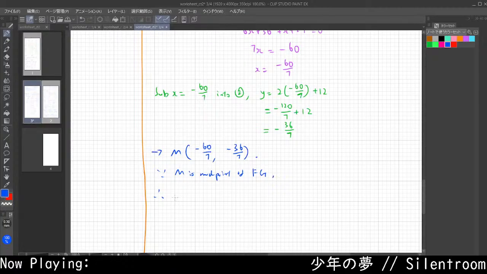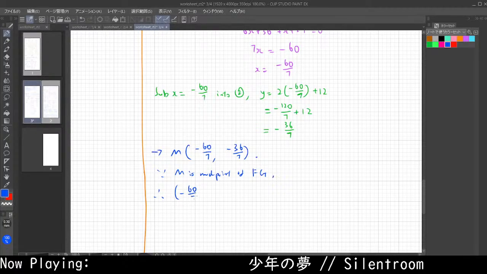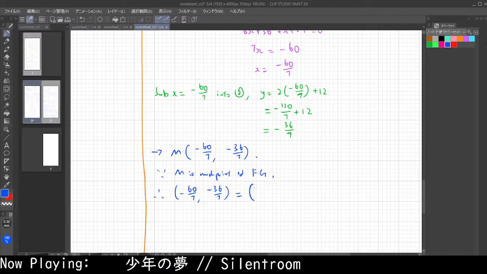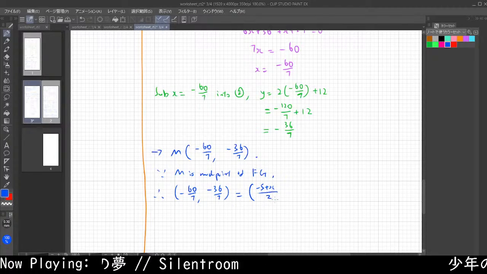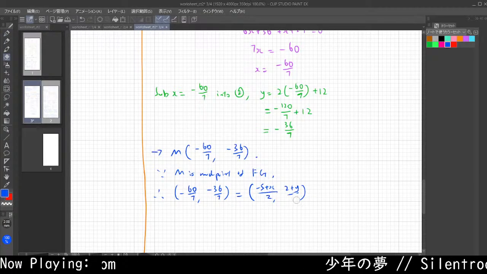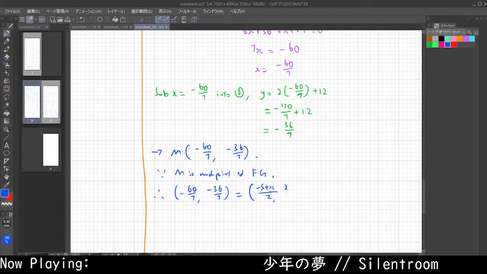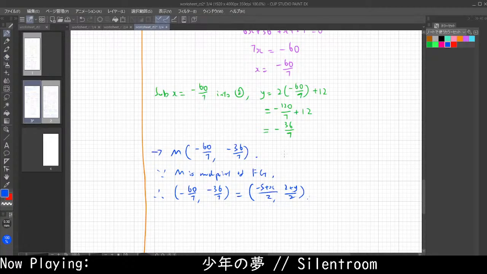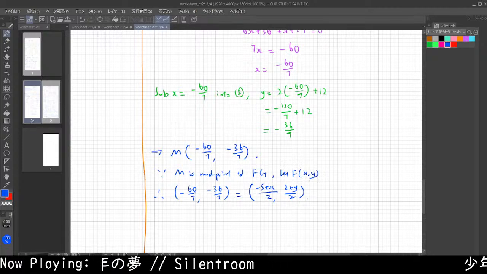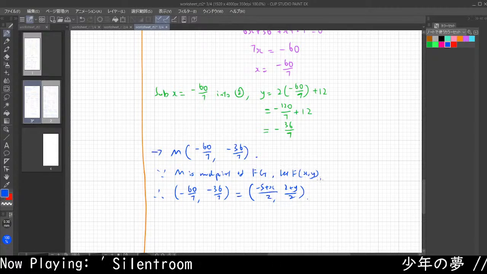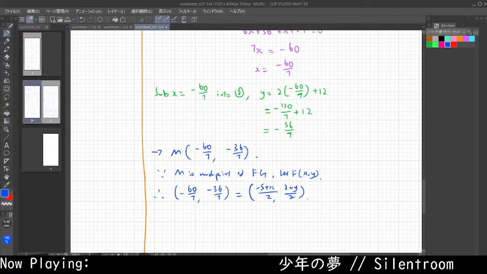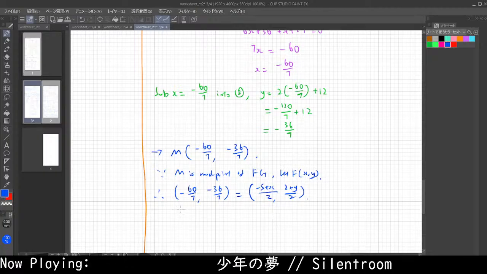Therefore, negative 60 over 7 comma negative 36 over 7 equals negative 5 plus x over 2 comma 2 plus y over 2. Let F be (x, y). Then you just compare directly.